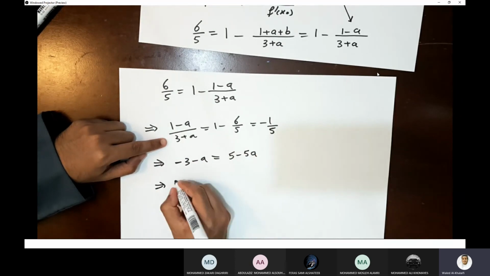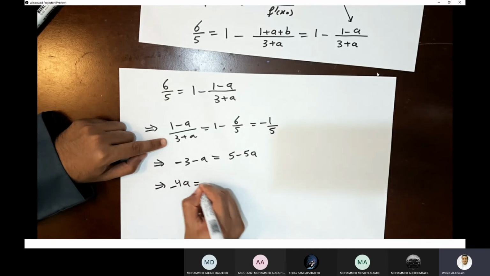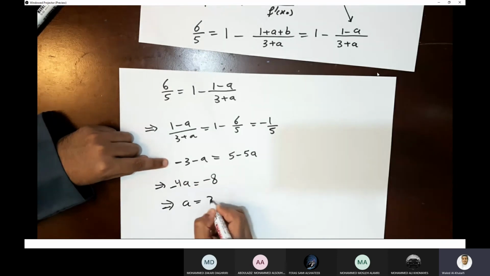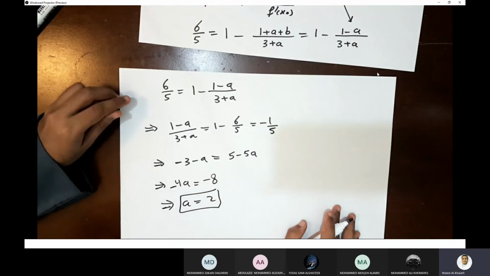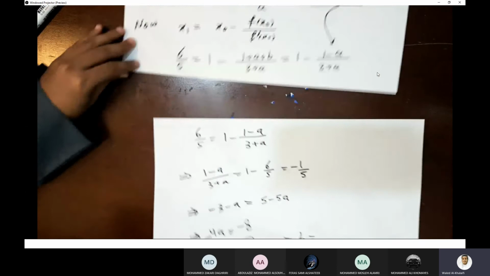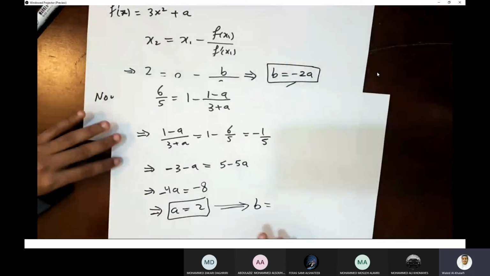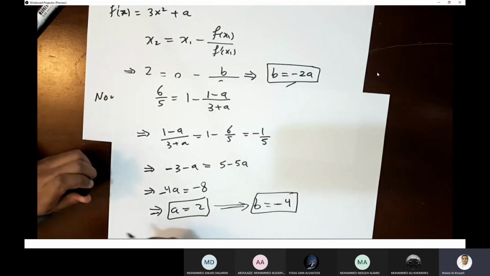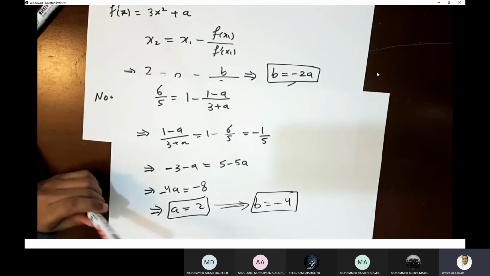Move this guy here, so we have minus 4a equal minus 8. This implies that a equals 2. If a equals 2, then b, if you look here, remember the formula, b is equal to minus 4. Okay, so a is 2, b is negative 4.